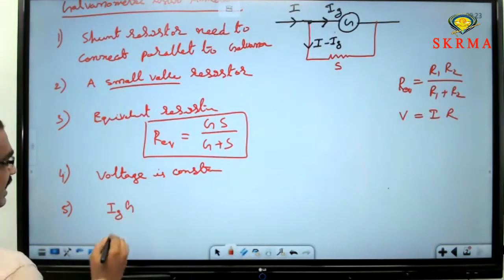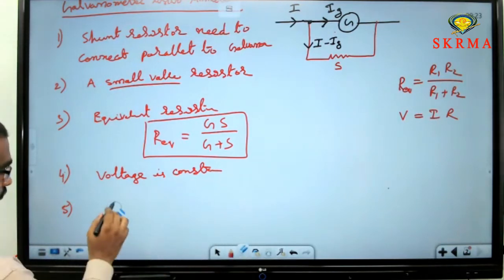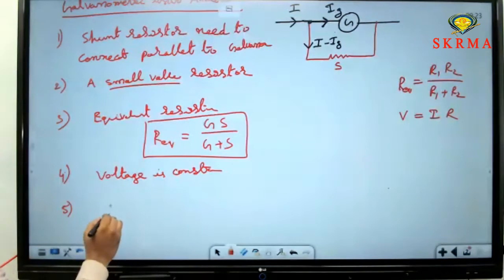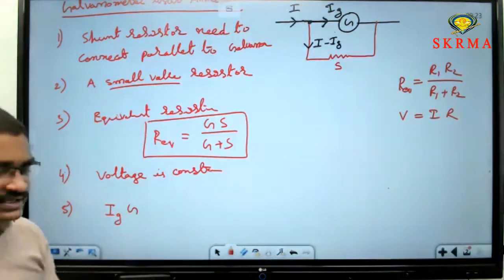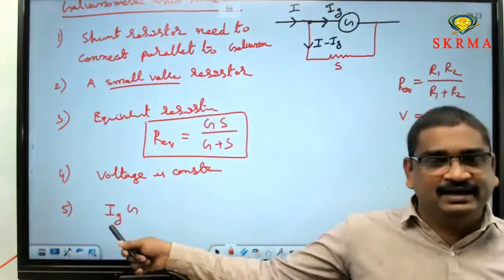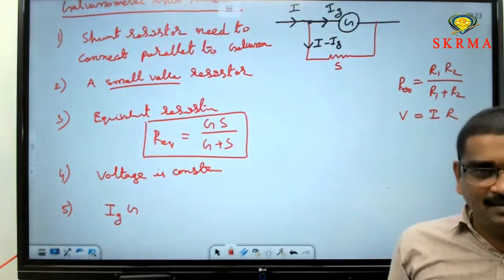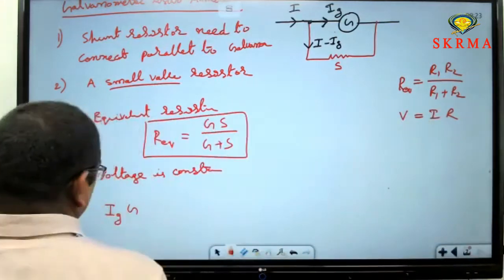Ig into G. Ig is the current passing through the galvanometer and G is its resistance. Current into resistance is the voltage across the galvanometer.